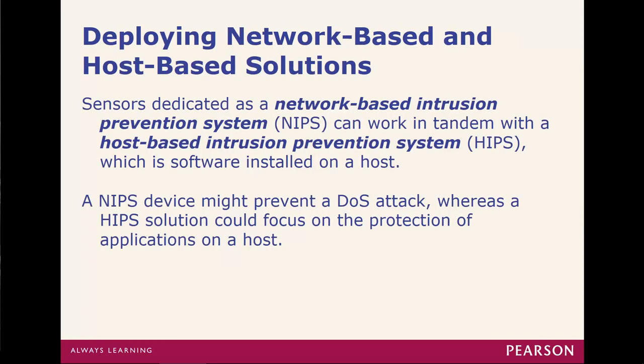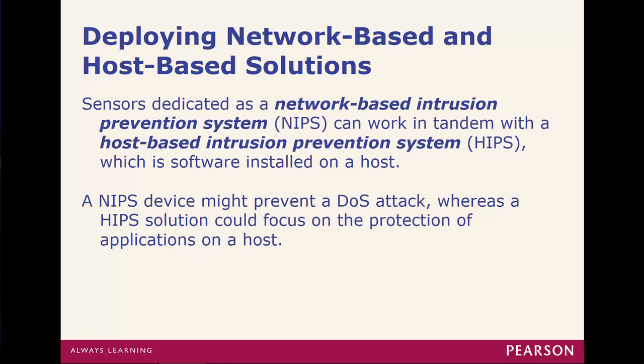We have host-based and network-based, depending on what we need. Snort is a very common host-based and network-based IDS. So you're going to notice we're going to start adding an N or an H. So if it's an NIPS, that's a network IPS. If it's an HIPS, that will be a host IPS.